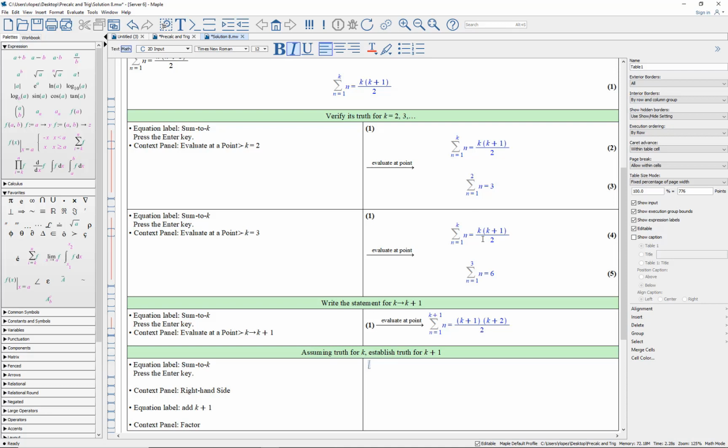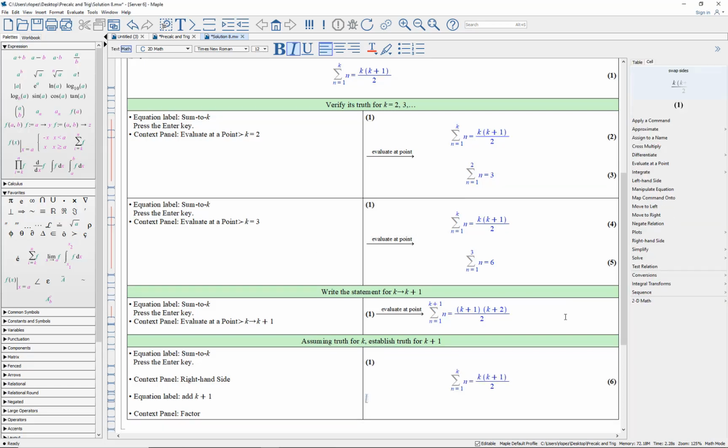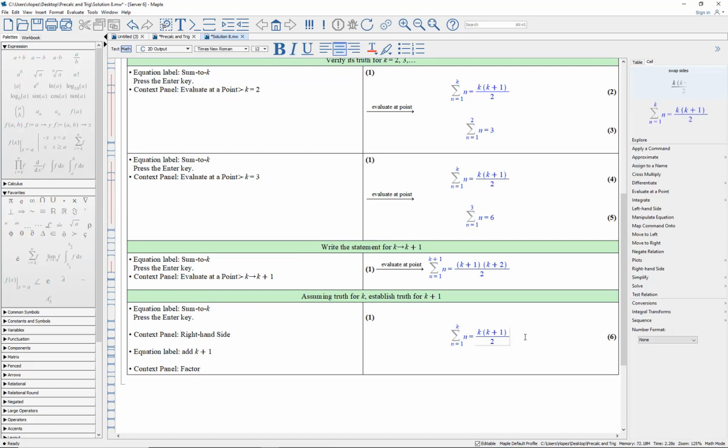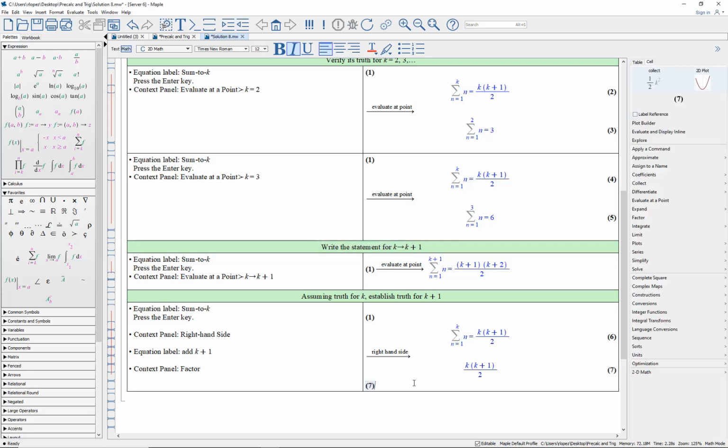So let's go back and take this statement for k, Control L1 or 4, either one. Now, I want to take that right-hand side, because to that right-hand side, I want to add k plus 1. So Control L7, that gives me that right-hand side. And let's add k plus 1.